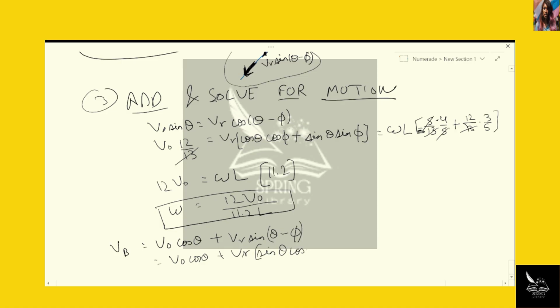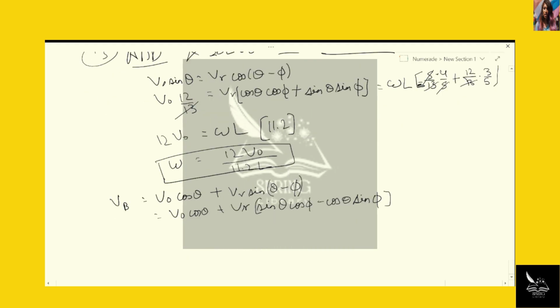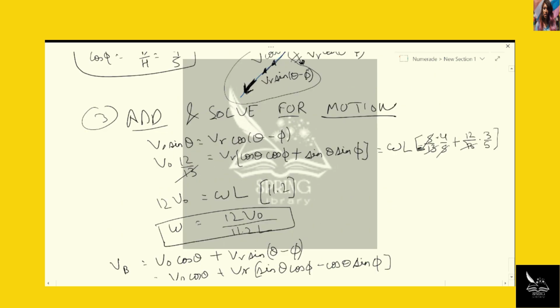So this is again a trigonometric identity, sine theta cos phi plus cos theta sine phi. Actually, there will be a minus here because it's sine, not cosine. So this is V naught cos theta, which is 5 over 13, plus VR, which is omega times L, and then sine theta is 12 over 13, cos phi is 4 over 5 minus, let me just check if I'm writing them correctly.